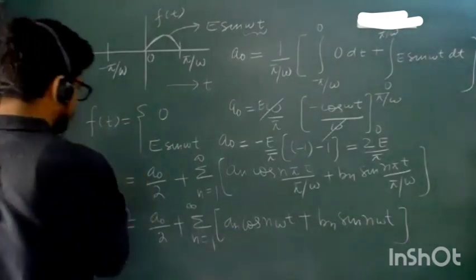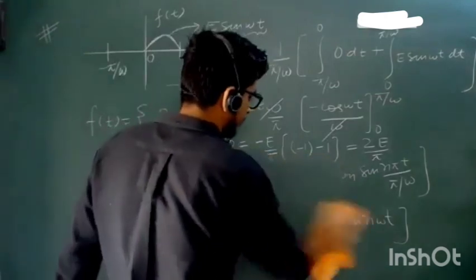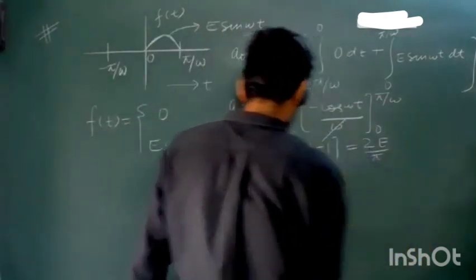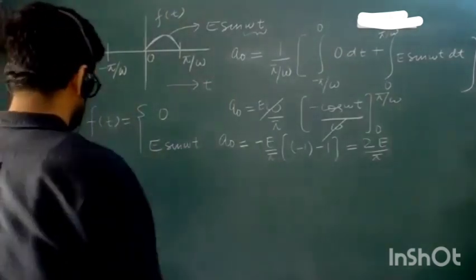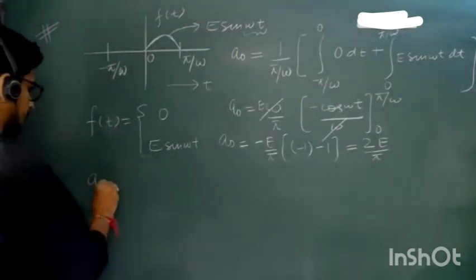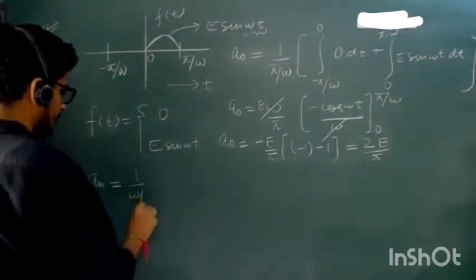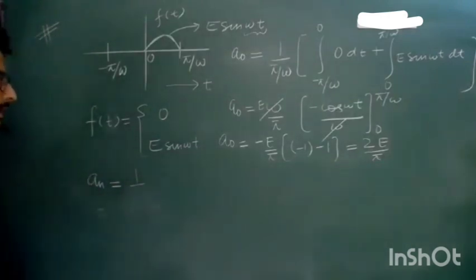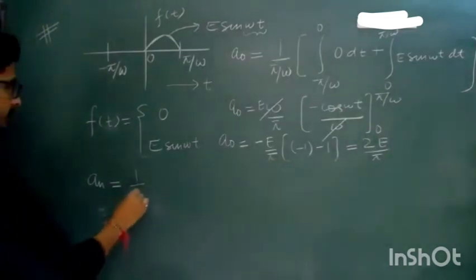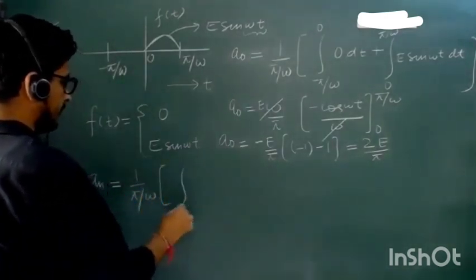Let me also calculate now the other values, which is given by the value of an, which is 1 by omega by pi, sorry, pi by omega integral.